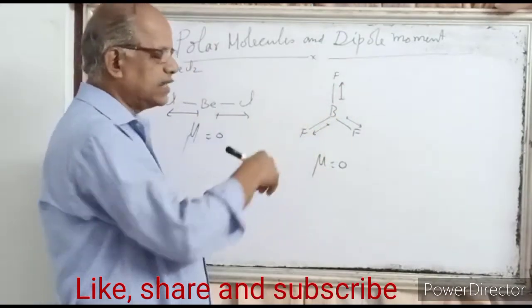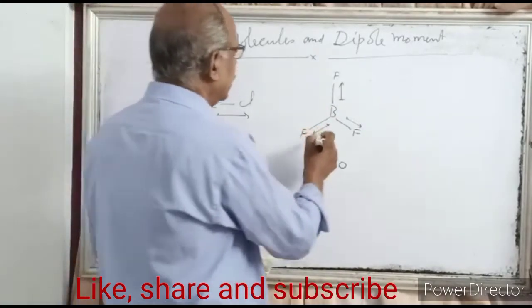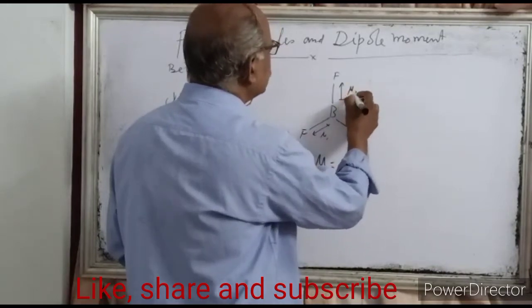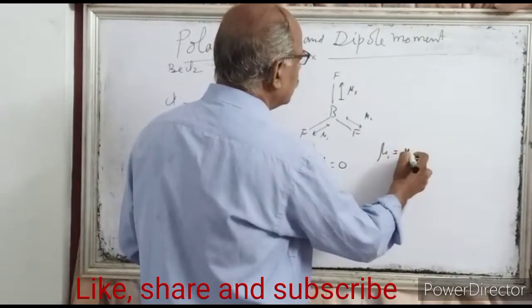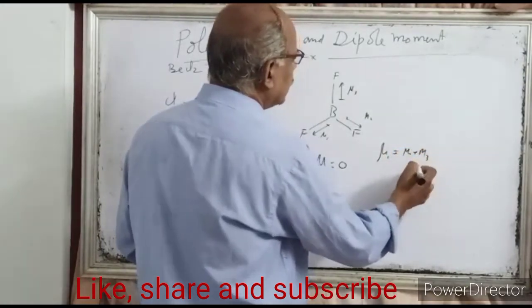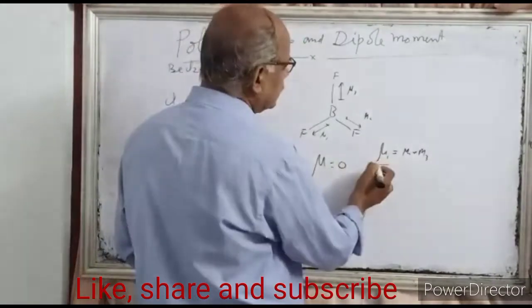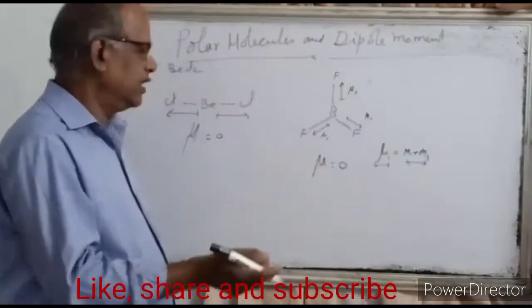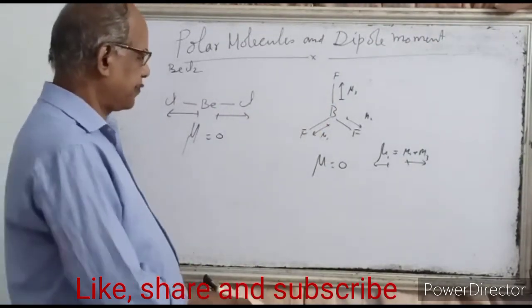Similarly, mu1 will be equal to mu2 plus mu3, and they are in the opposite direction. If this is in this direction, this will be in that direction. So they cancel, and for BF3 the dipole moment will be 0.